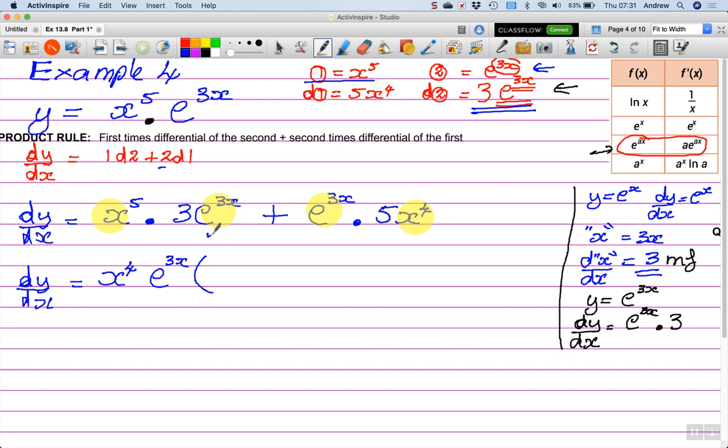The e to the 3x has come out, so that's all gone. So we're just left with a 3 there. x to the 4 has come out, so we're just left with an x to the power of 1. Here, the e to the 3x has come out, all of the x to the 4 has come out, so what we're left with is 5. And that's the end of that problem. Moving on.